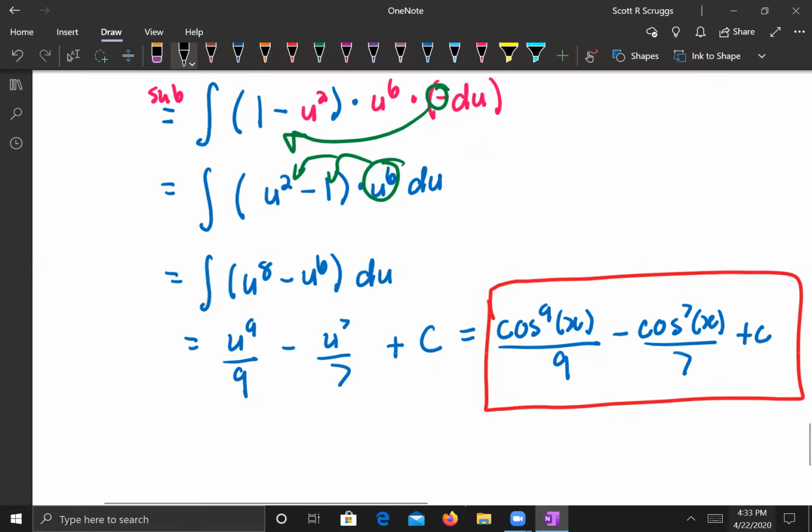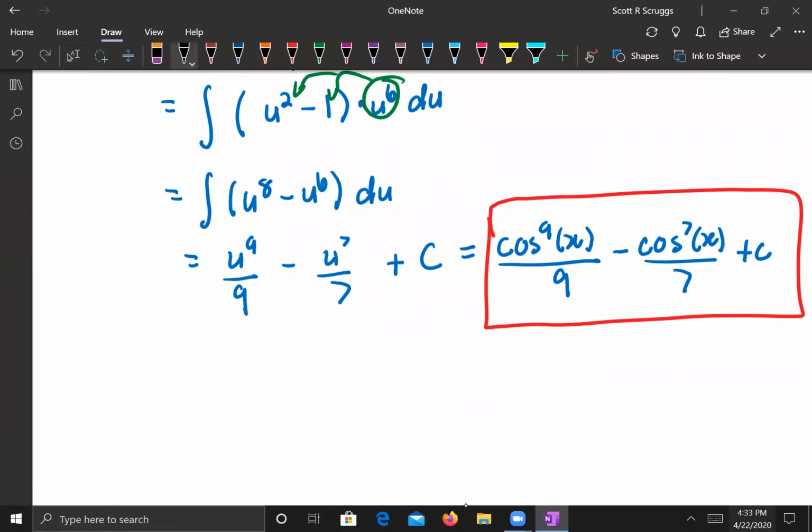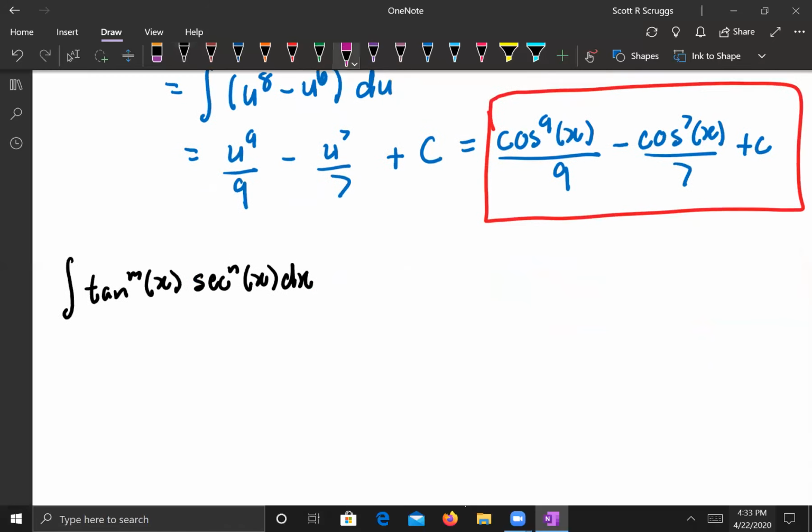Alrighty, now let's talk about a trig integral where I have tangent being multiplied with secant. And there are two main scenarios that we're going to see with it.